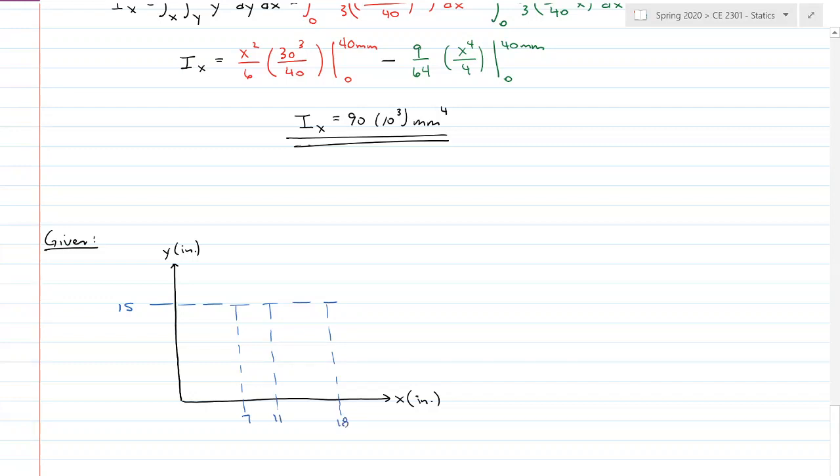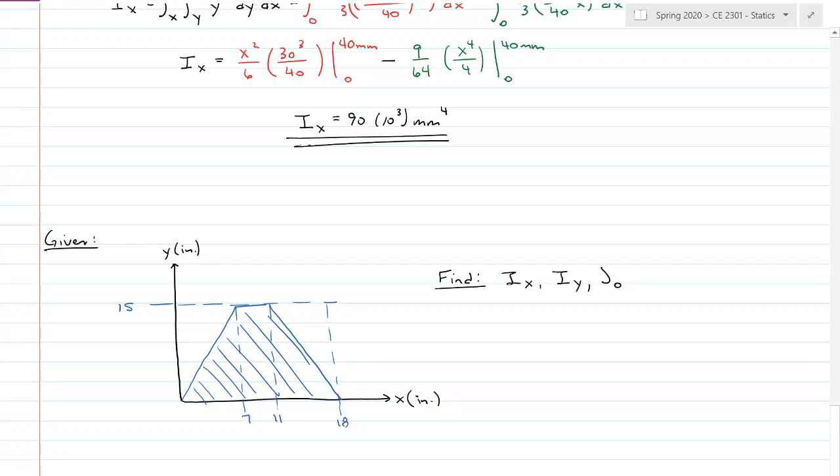So my lines look like this to this to this. Okay, there's my lovely area. Find Ix, Iy, Jo, Kx, Ky, Ko.